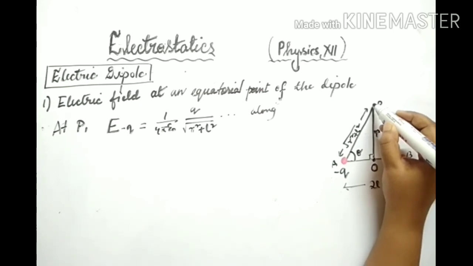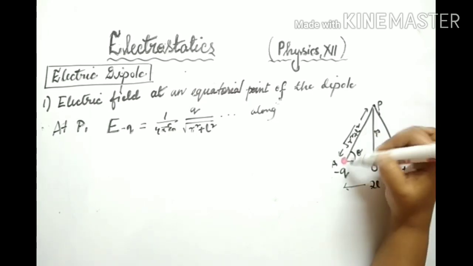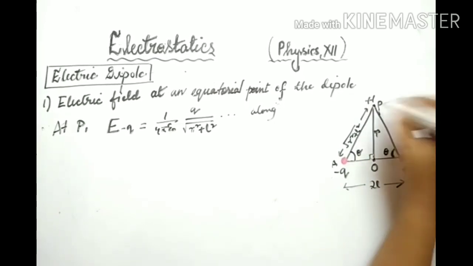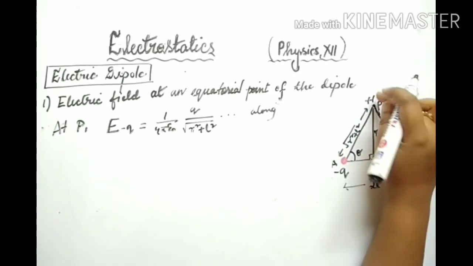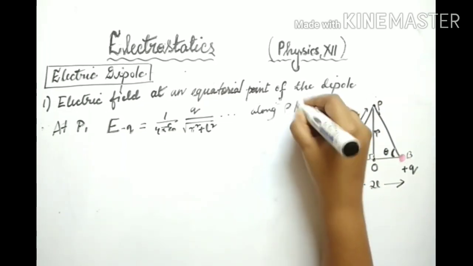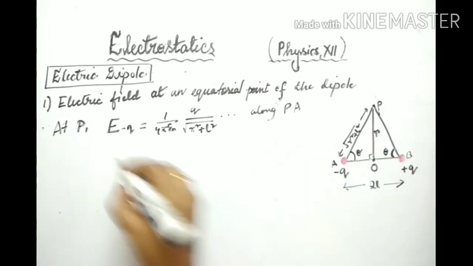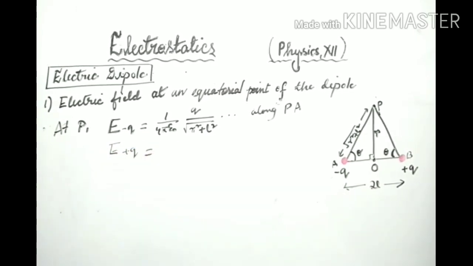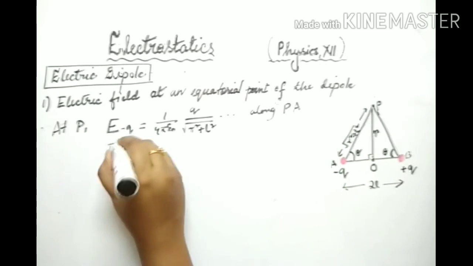That charge will be attracted or repelled by this minus q charge. Since it is minus, a plus 1 charge here will be attracted towards this minus charge. That's why it will be directed along PA.